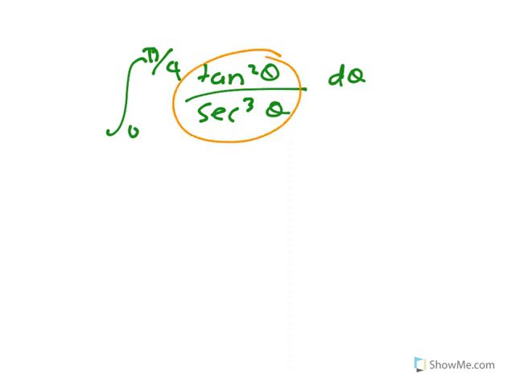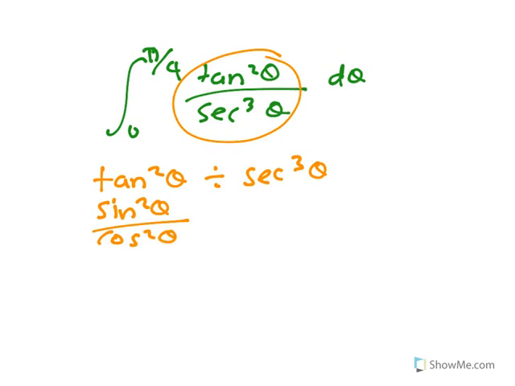So let's change it all to sines and cosines. So you've got tan squared theta divided by sec cubed theta. Tan squared is sine squared theta on cos squared theta. And sec cubed theta is 1 on cos cubed theta.